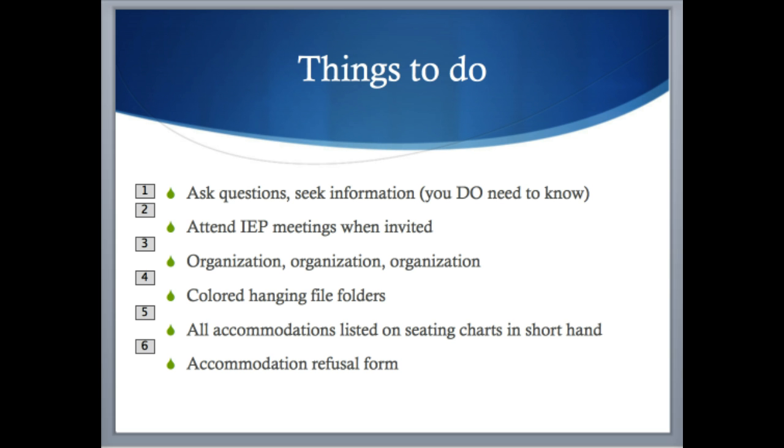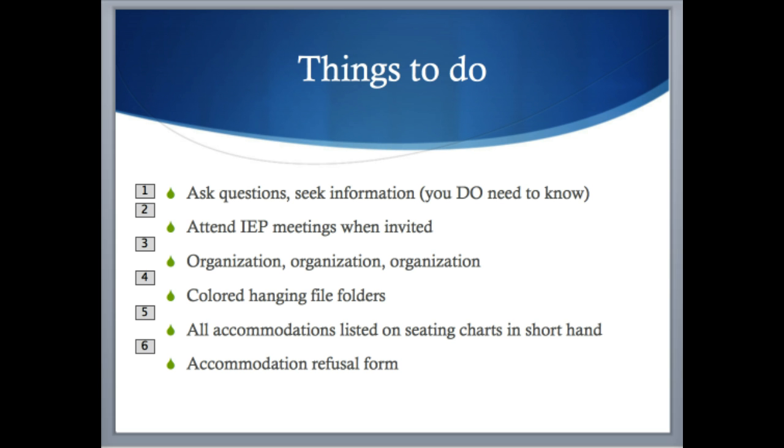So typically what will happen is at the beginning of the school year, you'll hopefully receive an email communication of some sort, or a visit from a special education teacher or something in your mailbox notifying you of the student or students that you have that have an IEP.